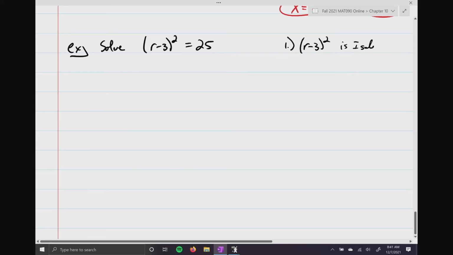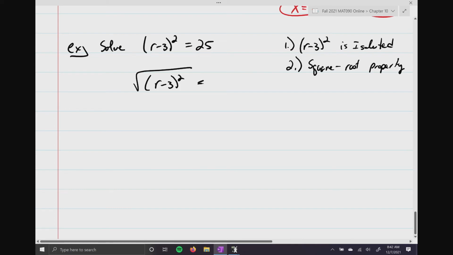That's good. So now we can do our square root property. I'm just going to rewrite it: the square root of the quantity r minus 3 squared equals plus or minus the square root of 25. On the left-hand side, we get r minus 3. On the right-hand side, we get plus or minus 5.